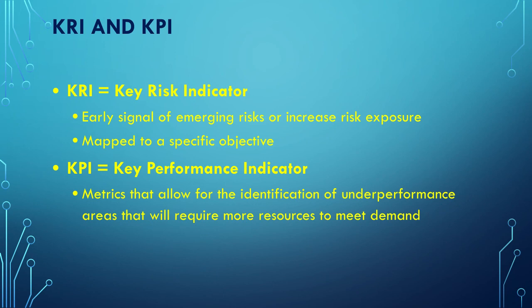This is a signal that can let you know about a possible emerging risk or an increase in a low-level risk becoming problematic. And then a key performance indicator, which are metrics that allow you to be alerted to underperformance.